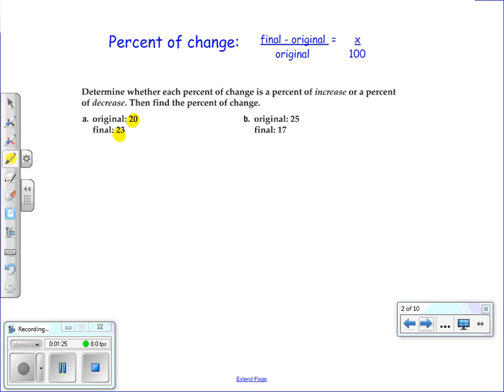The way we would find percent of change is we take the final number, subtract the original number, and that gives us the change. The change would be 23 minus 20, which is 3. And we put it over the original, which was 20, and we set it proportional to x over 100.